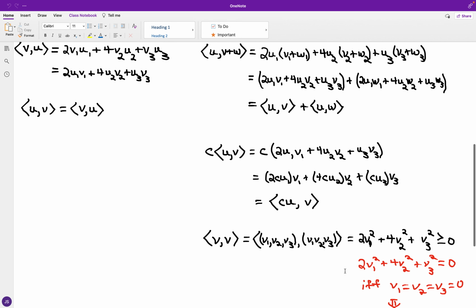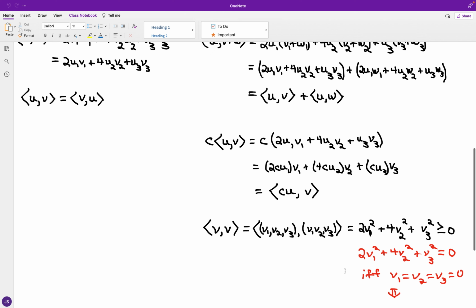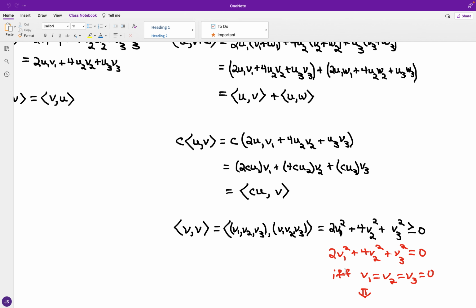But now for the last one, for v paired with itself, you must have the sum of the squares of the vector components be greater than or equal to 0.